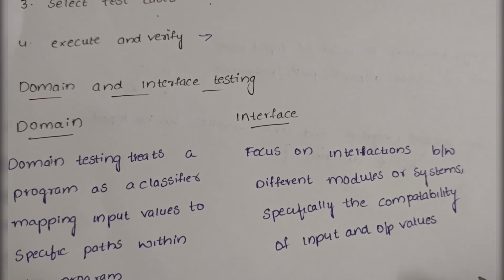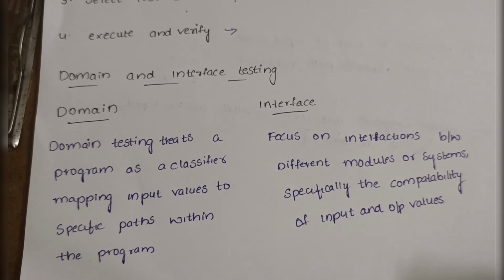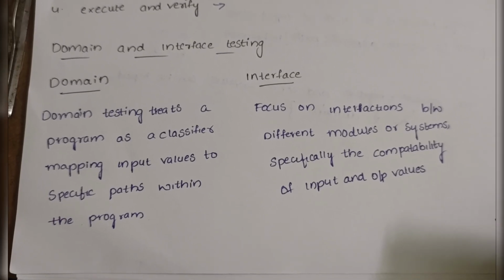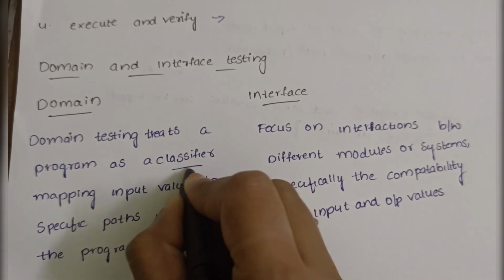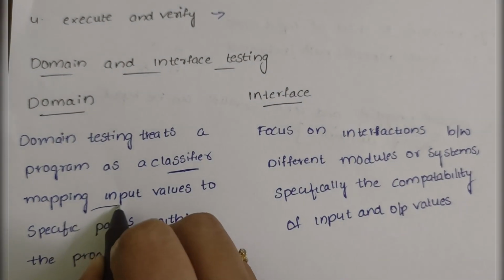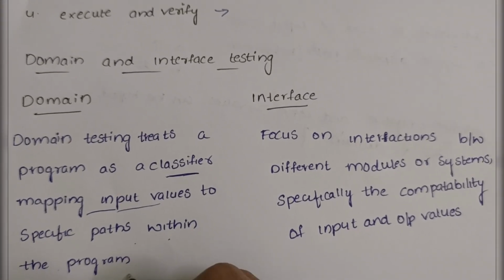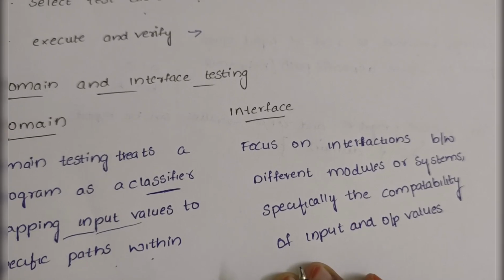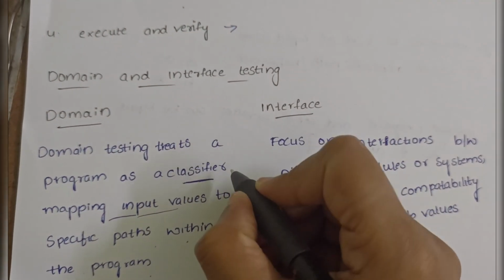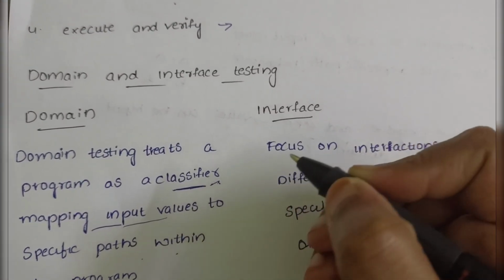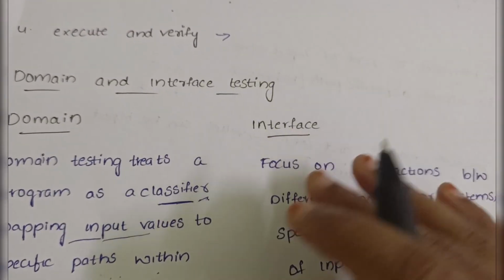Domain and interface testing. These both are used for the same purpose. Coming to domain testing, it treats the program as a classifier, mapping input values to specific paths within the program, which means the program classifies input values to specific paths within the program.